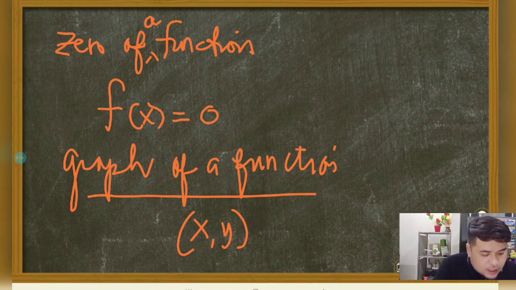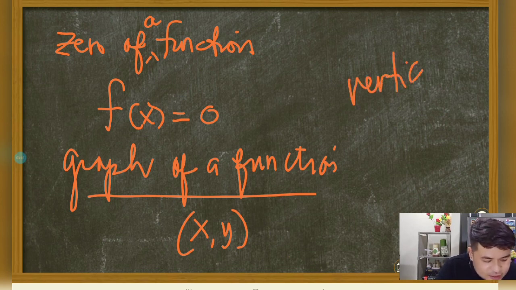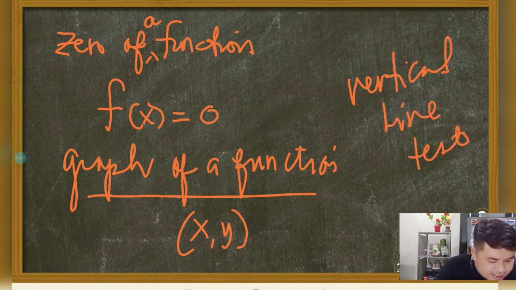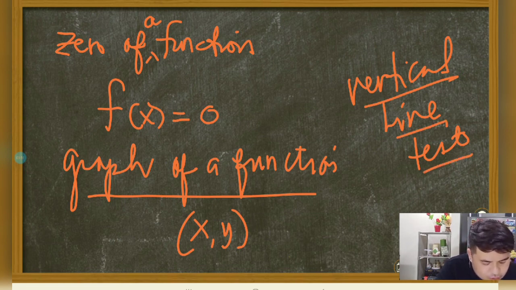Okay, so how do we check if a graph is a function? We use the vertical line test. If you still remember the vertical line test, you can review this to check whether a graph is a function or not a function. Okay, so far, this is only a review.